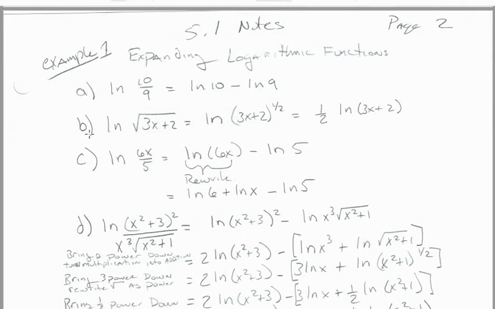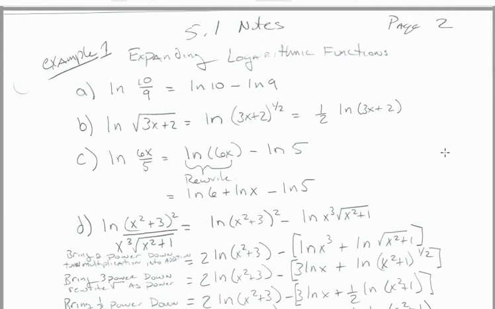If in part B we have natural log of the square root of the quantity 3x plus 2, the first step that I would do is rewrite that radical sign as a 1/2 power. Now that 1/2 is a power, so I can rewrite that as 1/2 natural log of 3x plus 2. Notice there's nothing we can do with that 3x plus 2 because it is its own quantity.